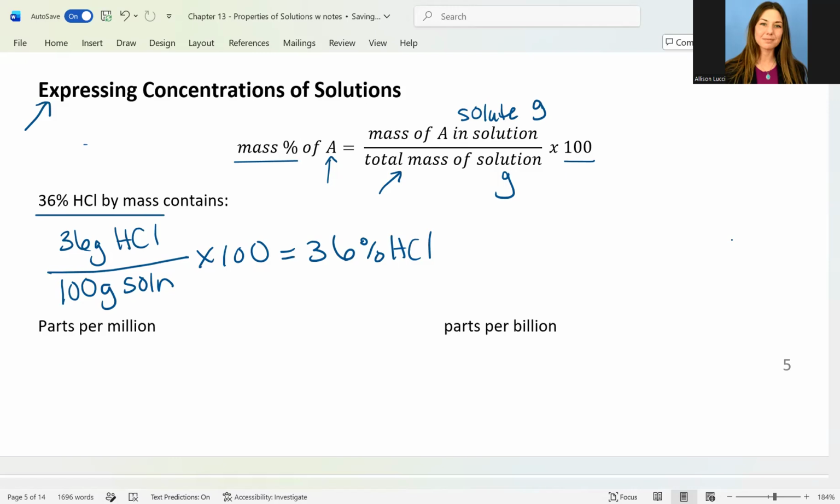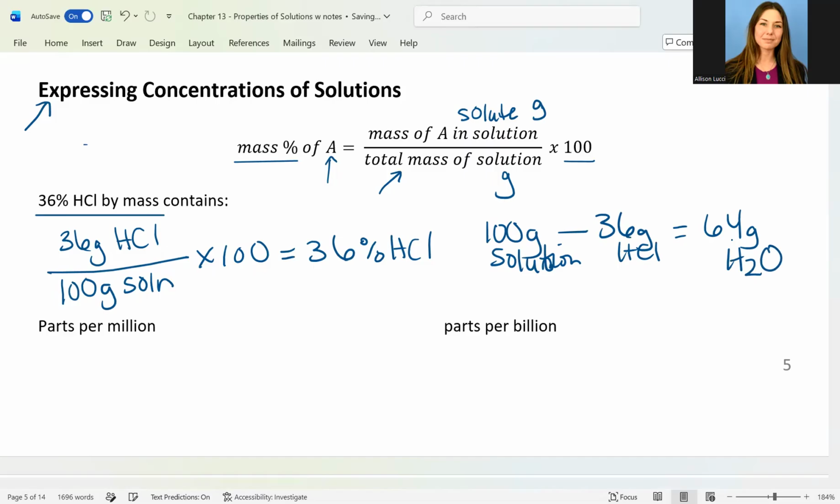If I wanted to find out how much mass of water I have, I could take the 100 grams of solution and then subtract my 36 grams of HCl. So I would see that I have 64 grams of just H2O. So one of our units, molality, that we're going to take a look at a little later, finding just the mass of the solvent can come in handy.